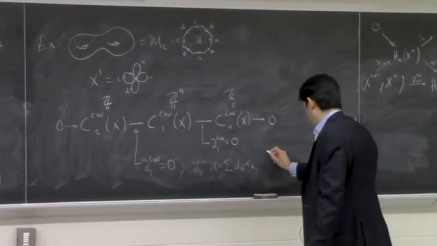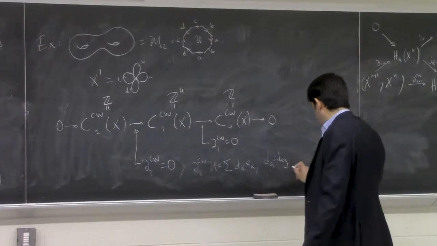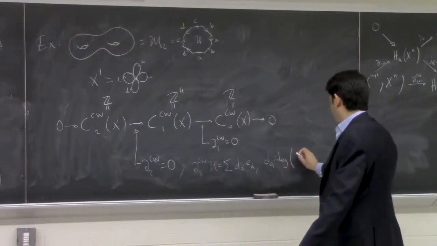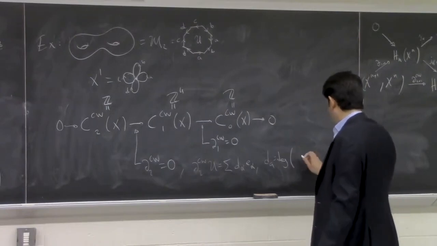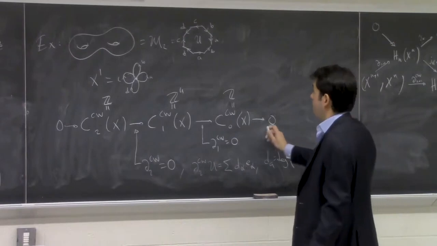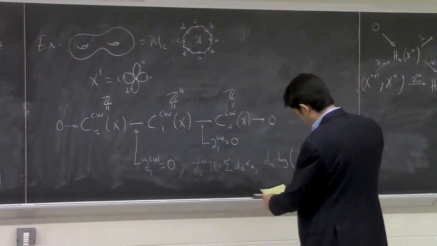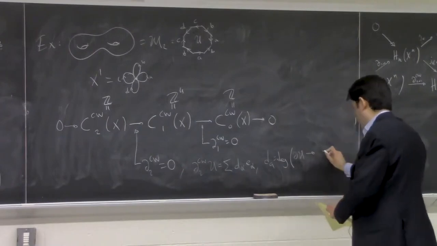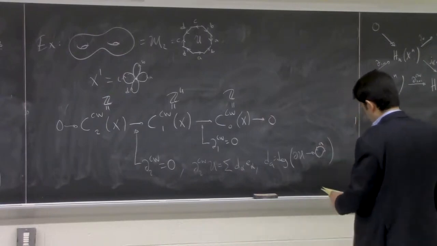Then let's see, the dA would be the degree of the map from the circle to the 1-skeleton given by this word. Right, so boundary of U to the loop A.